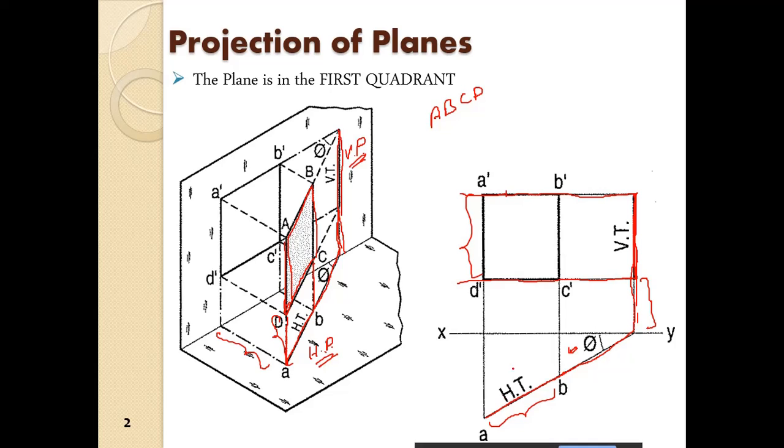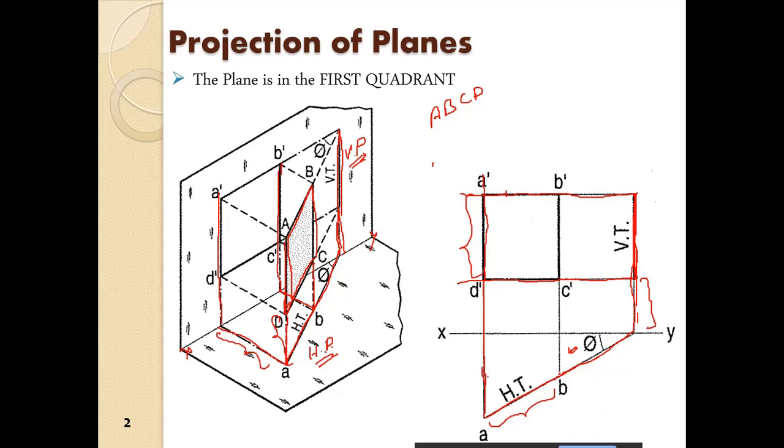Again, from the horizontal trace, we project it upwards like this and this. And similarly, from the point B up to the intersection line XY, and from there upward to B dash.